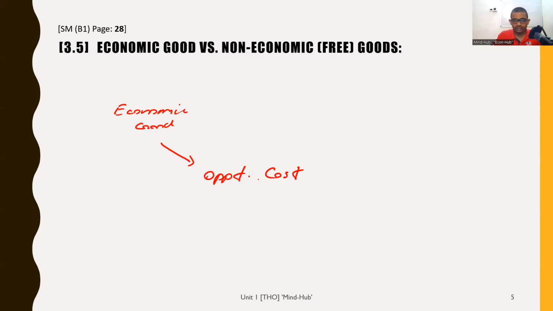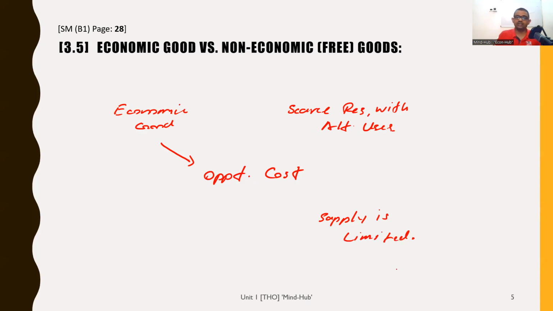This is the best way to learn: non-economic goods are free of opportunity cost, if it's an economic good, there is an opportunity cost because we are using scarce resources with alternative uses. Yes or no? Because we are using scarce resources, the supply is limited.